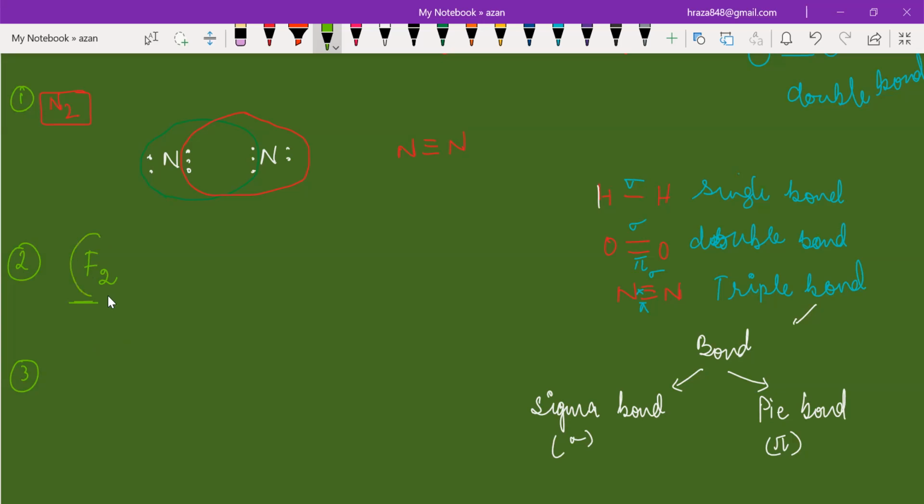Can you write the electron dot structure of F2? Okay, sir.